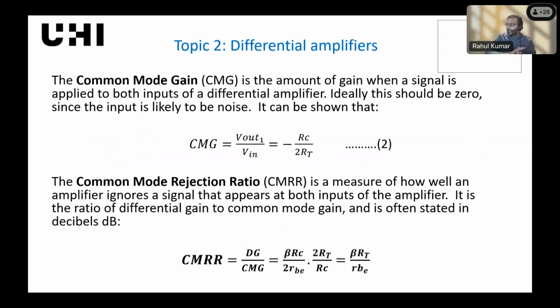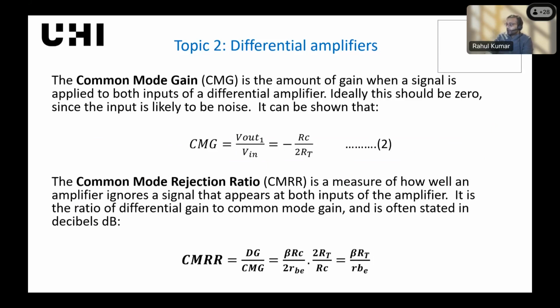Now, the other gain, which is not so good or not very desired, is the common mode gain, which we don't want. So if you remember, in case of op-amp, we have noise which may come from either transformers or switches, which produces electromagnetic interference at both the inputs.